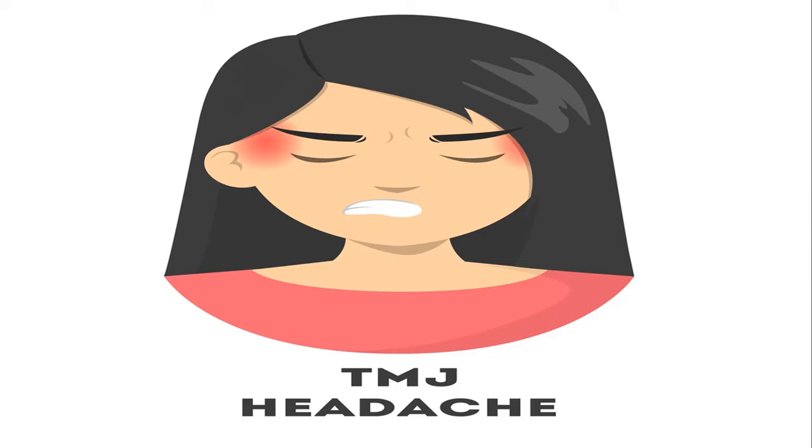So what that does is it causes irritation to the joint in the temporomandibular region, and that's going to cause you to have headaches that tend to be on the sides of your head. And this is easily confused with tension headaches and often mistaken for it.